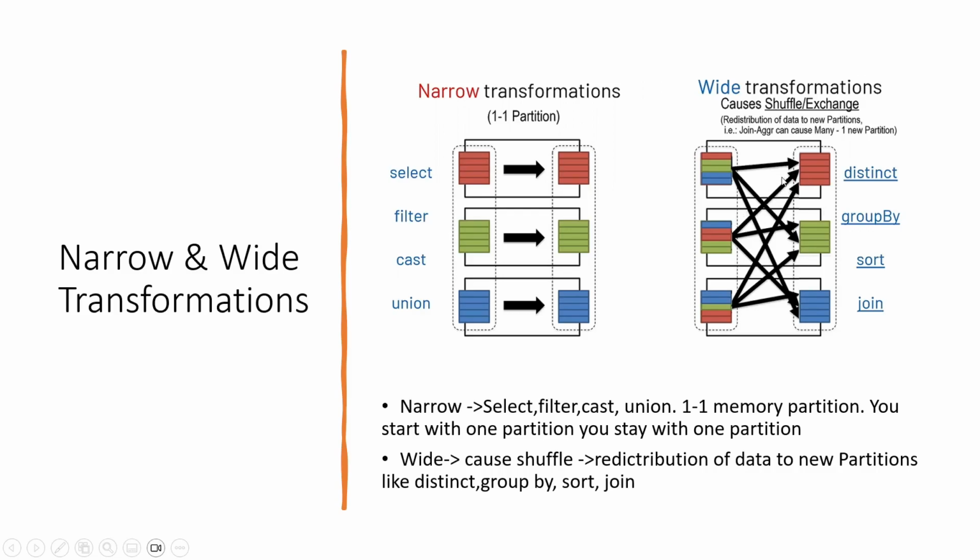But group by is a transformation that causes a shuffle, right? We had to take the colors from all those partitions and group them together. So that's the difference between narrow transformations and wide transformations. And now we will see an example for both of them.